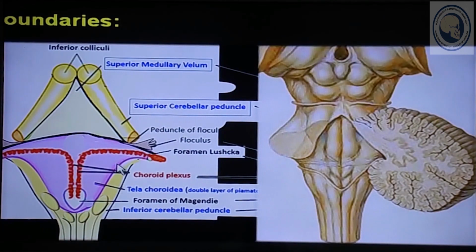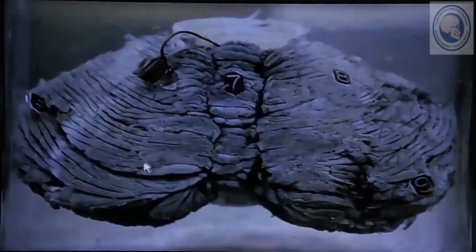And in the middle part, we will have the part of the cerebellum forming the roof. So the roof is formed of three structures: superior medullary velum, part of the cerebellum, and inferior medullary velum. And here, if you look well, you will find the stem of the choroid plexus is attached to the inner surface of the inferior medullary velum.